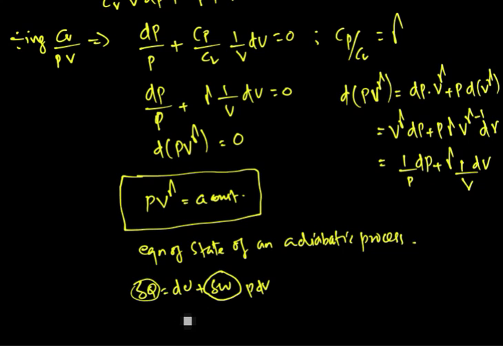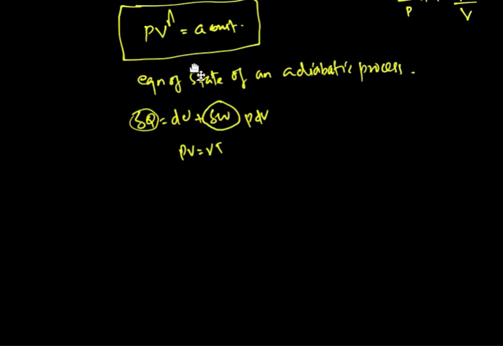Then for an ideal gas or a perfect gas we use the PV is equal to RT expression for substitution in the change in temperature. Then some modification yields P V raised to gamma is equal to a constant, which is the equation of state for an adiabatic process.